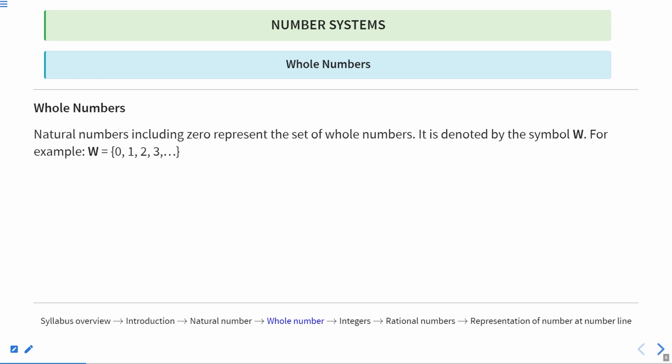Natural numbers including 0 represent the set of whole numbers. If we include 0 with natural numbers, we get whole numbers, denoted by the symbol W. For example, W is equal to {0, 1, 2, 3, 4, ...}. So natural numbers including 0 represent the set of whole numbers.